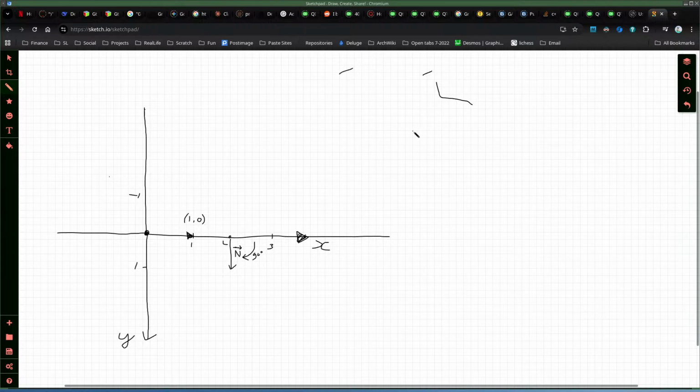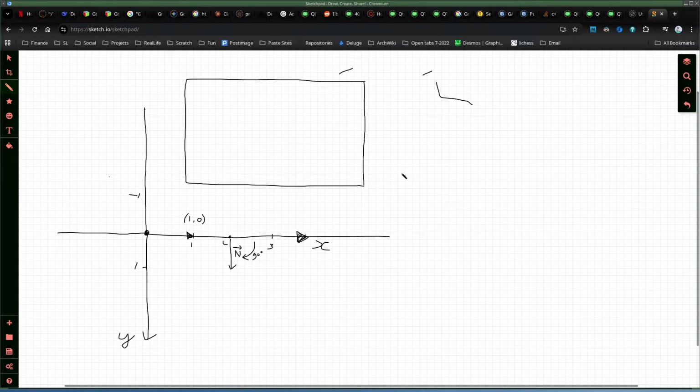Now the more general case then is we have a rectangle, which is our window. Defined by 4 points, 4 corners.